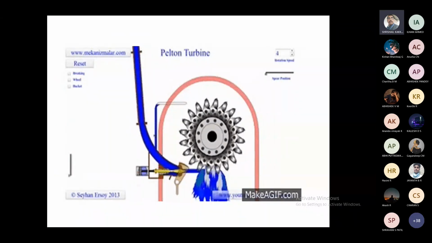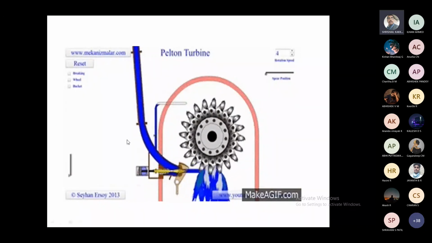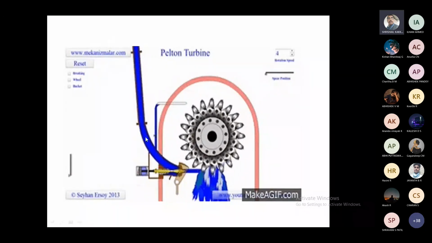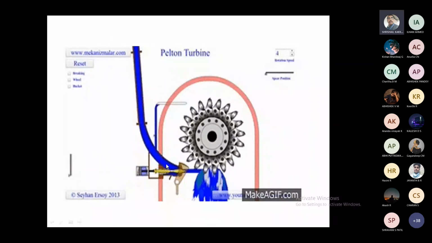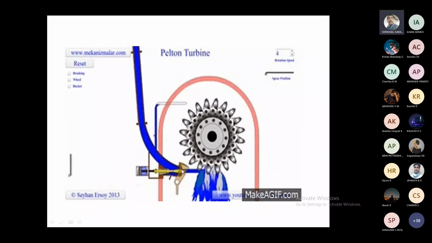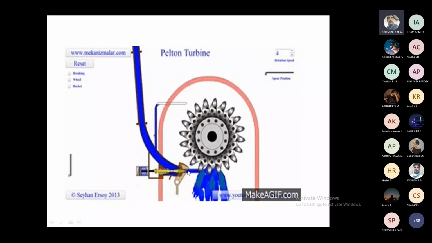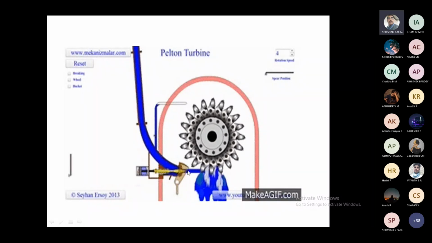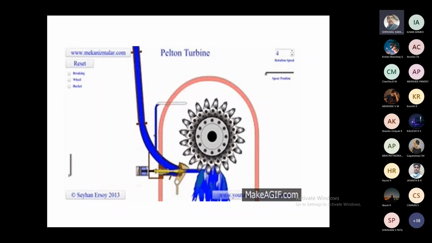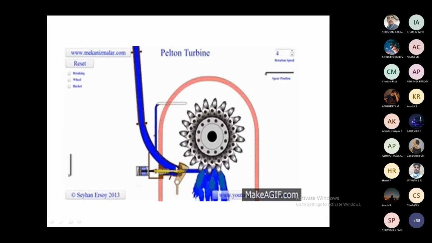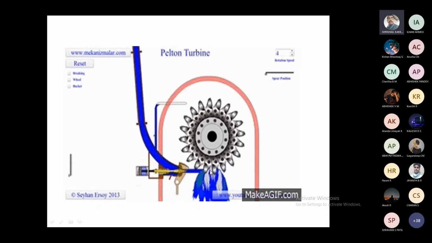While it is going through this penstock, the kinetic energy of the water will be more. When it is passing through the spear or the governed spear, here there is a nozzle. While it is flowing through the nozzle, the pressure will drop down and the velocity will increase.